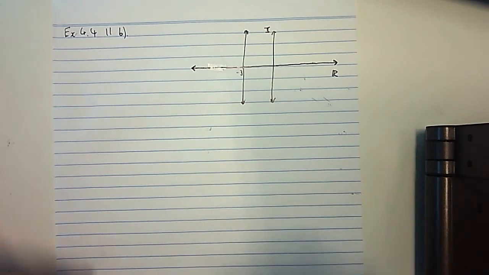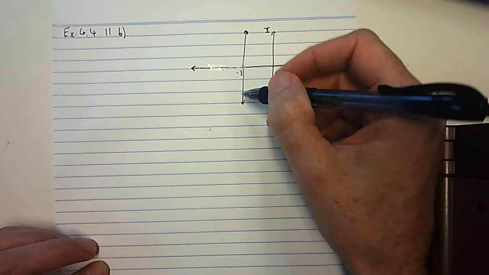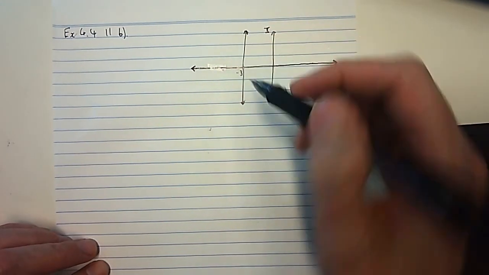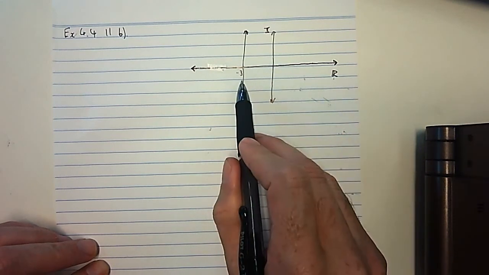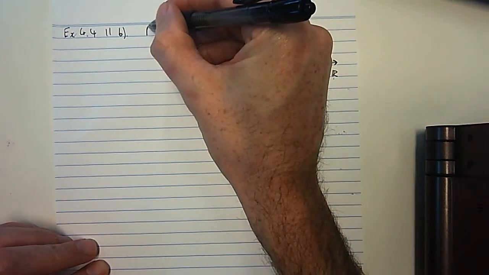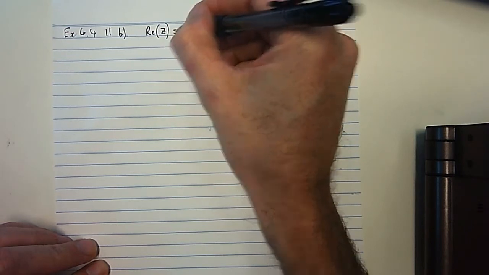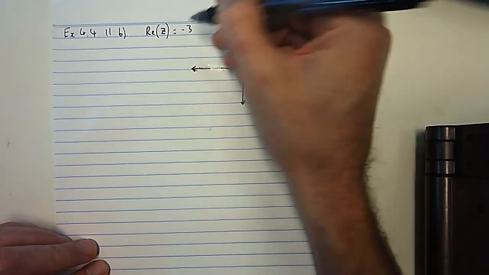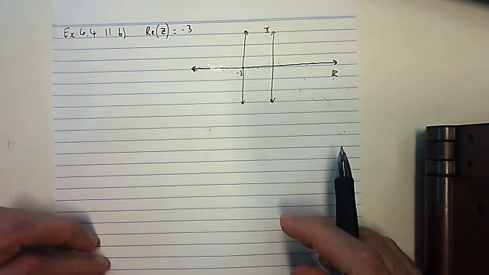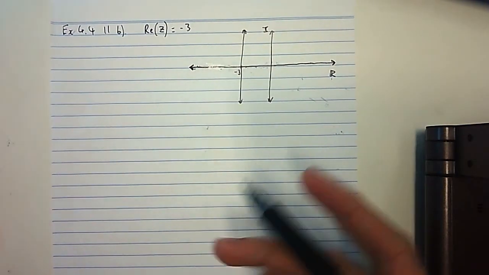My first thought was, well, it's always a real value of -3, so I would just write Re(z) = -3. And that would represent that line.